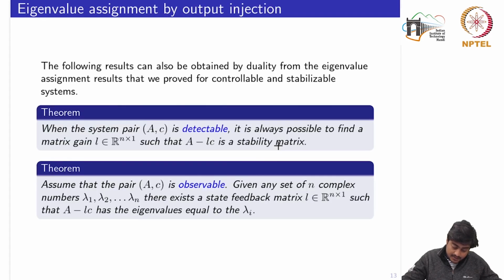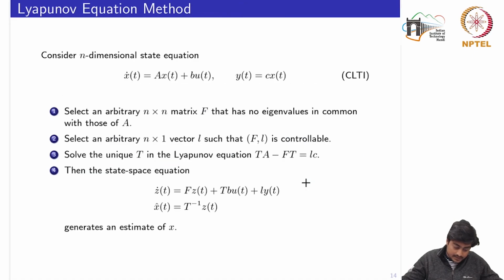And we had discussed the method of computing this where we assign the eigenvalues. You can see that method for computing this vector L is similar to when we designed the state feedback vector. The second method, if you recall, is the Lyapunov equation method.